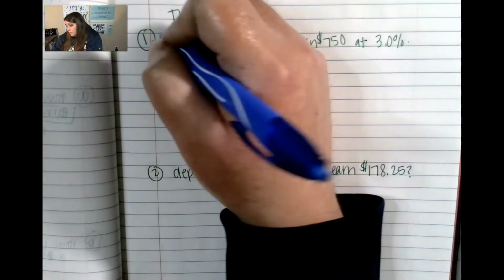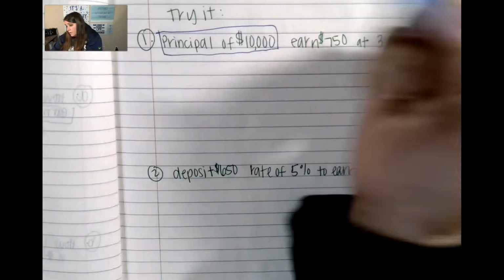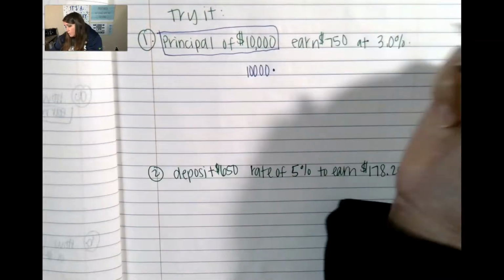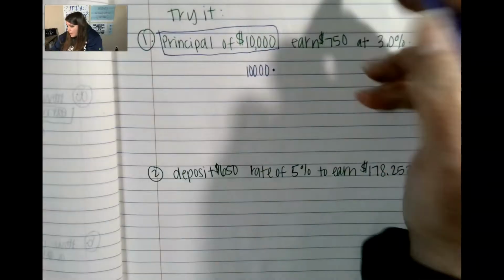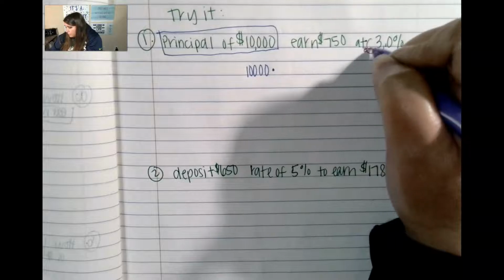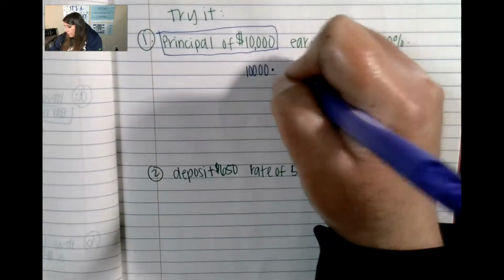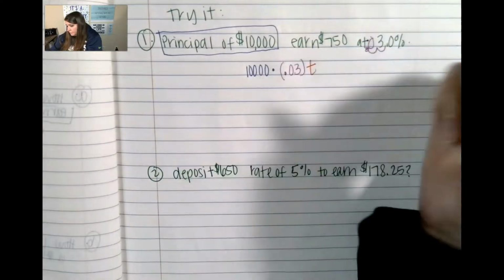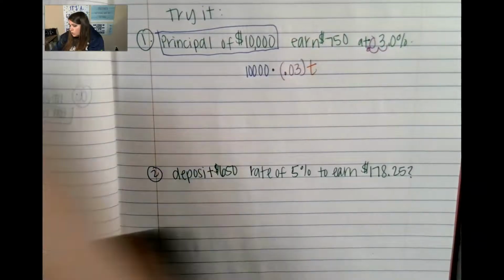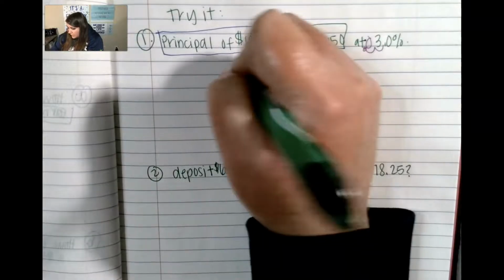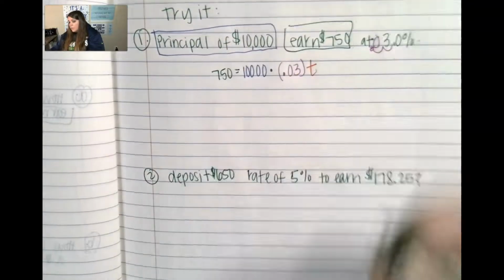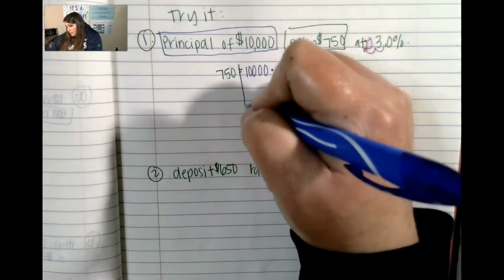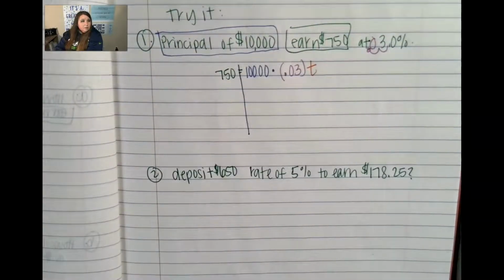All right, so this one already tells us P is 10,000. So we get $10,000 times our rate. Our rate is 3%, 0.03. Time, we don't know the time. And we want to earn $750. So we're going to solve for t by combining 10,000 and 0.03.